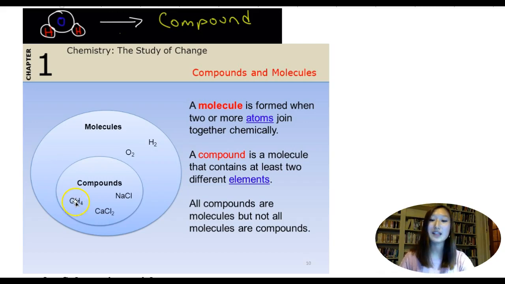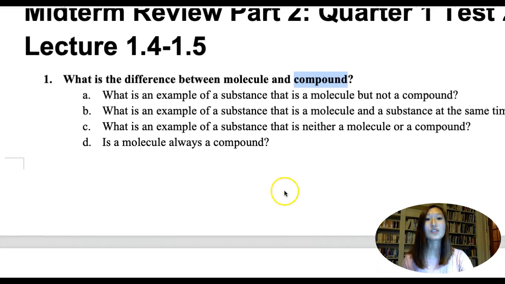CH4 has carbon and hydrogen at the same time. Sodium chloride, which is salt, has sodium and chlorine elements bonded together. So that's a compound. You can look at this definition: a compound is a molecule that contains at least two different elements, meaning two different letters from the periodic table.